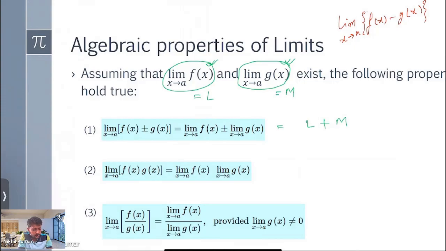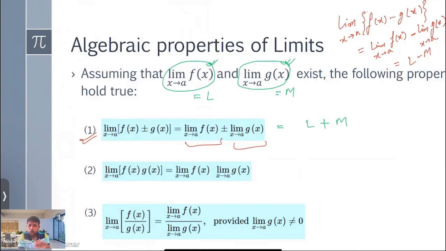This will be according to the first property. See the individual limits of these two functions and you put the subtraction sign in between. So this is the same as the limit of f of x minus the limit of g of x, again x tends to a. This is the same as L minus m.